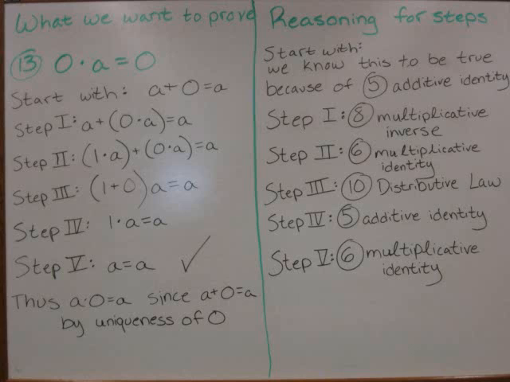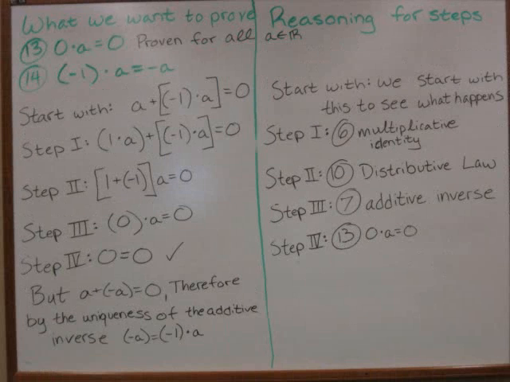It's true because of the additive identity, 1 plus 0 equals 1. Final step, we're going to say that a equals a because of the multiplicative identity, 1 times a does equal a. So we've just proven that 0 times a equals 0 because a plus 0 equals a, by the uniqueness of 0.